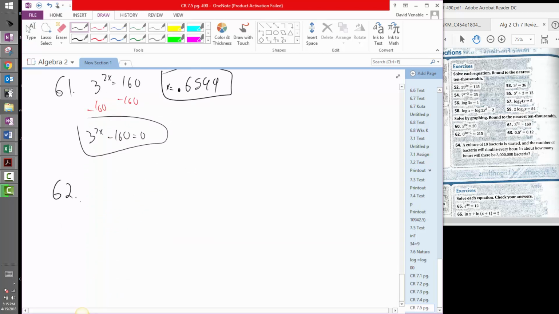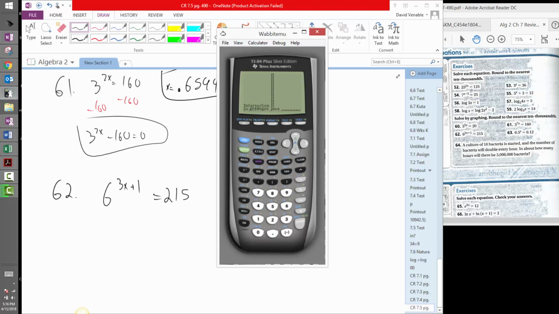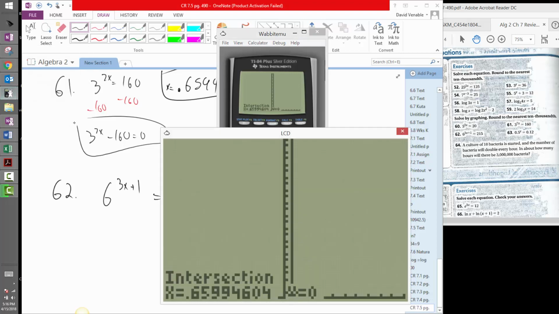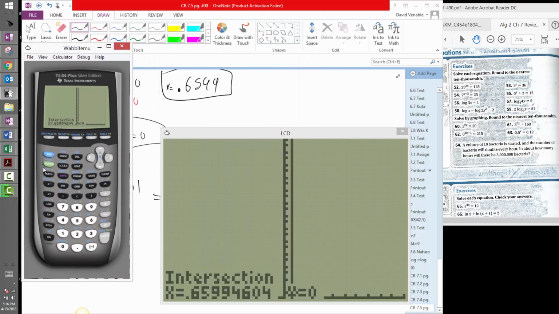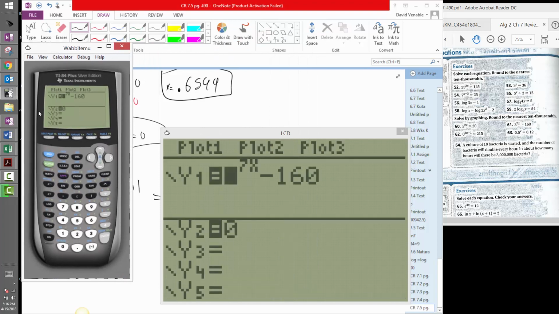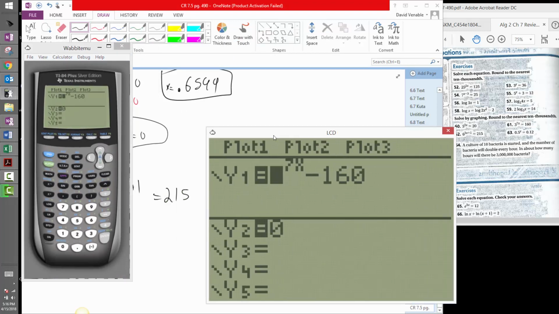All right, going to start to wrap this up. 62. 6 to the 3x plus 1 equals 215. Now, I really liked where I just had an easier time with the window, so I'm going to try doing that again. Instead of putting 1 in the y1 and 1 in the y2, I'm just going to put it all together.